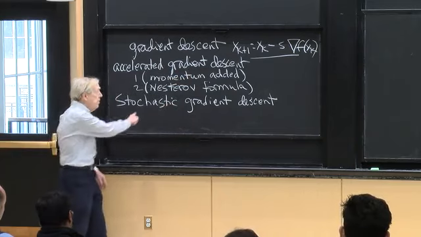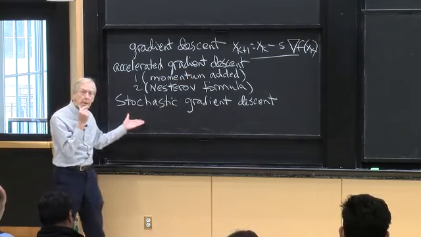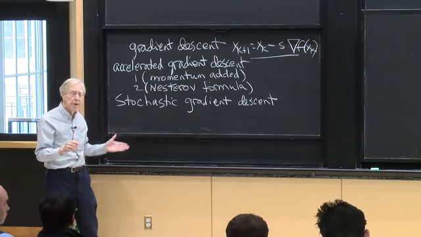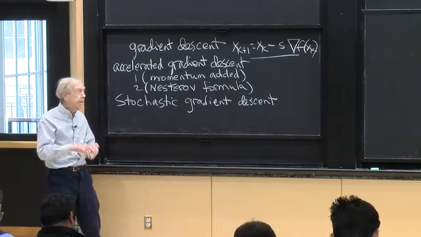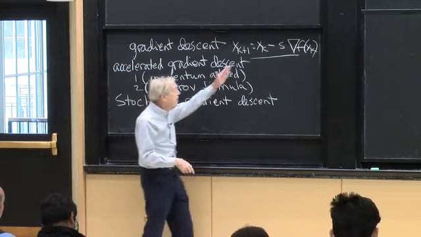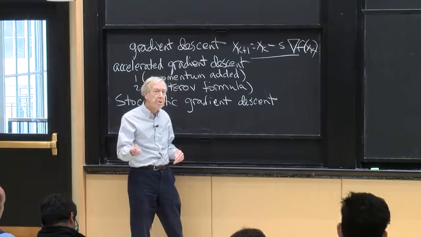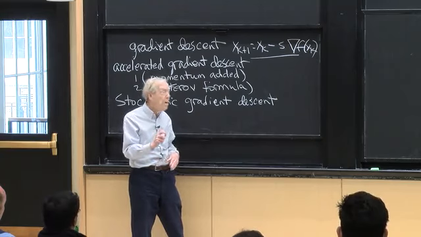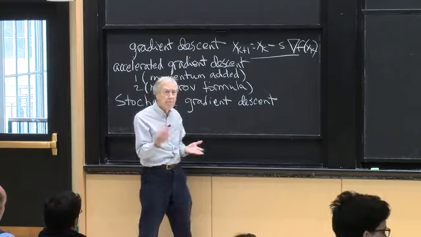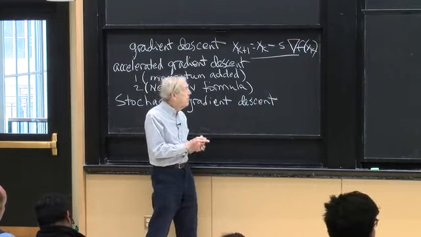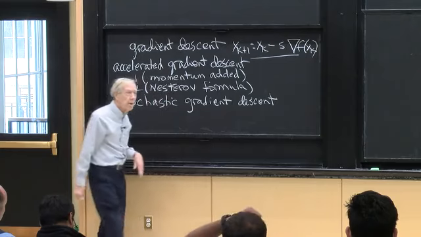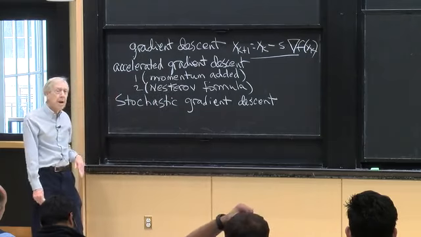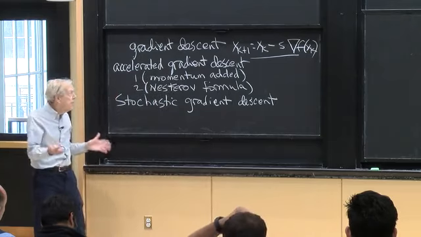Okay, and then you know, looking ahead, for problems of machine learning, they're so large that we have so many variables, all those weights are variables, and hundreds of thousands is not uncommon. So then the gradient becomes a pretty big calculation, and we don't have to do it all at once.